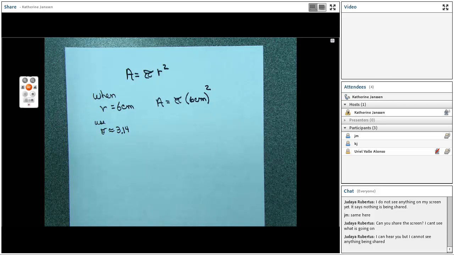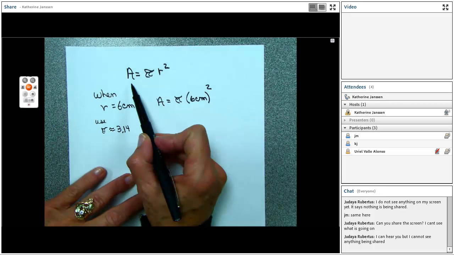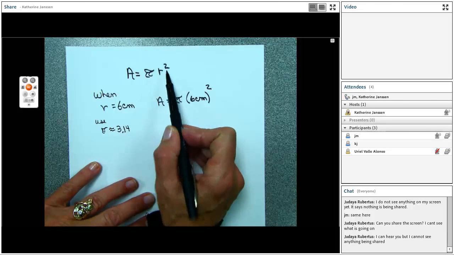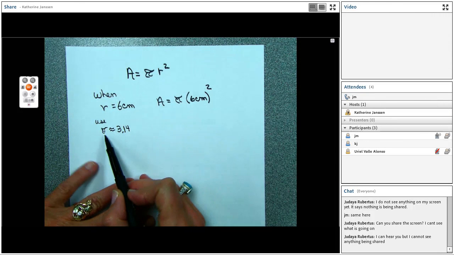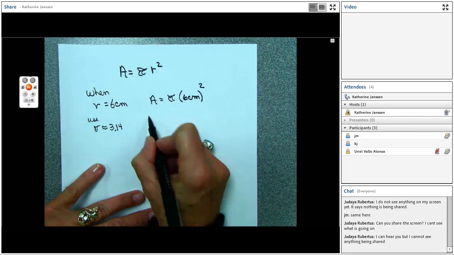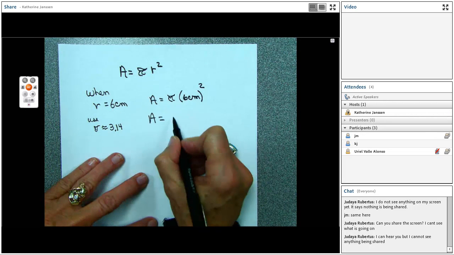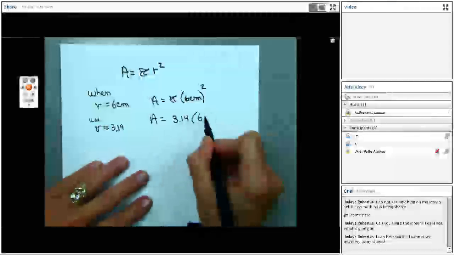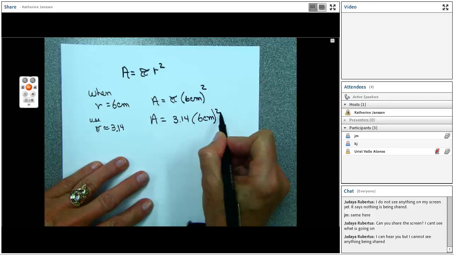So, reviewing, we are working on the problem of the area for a circular region. A equals pi r squared when r equals 6 centimeters and pi is approximately 3.14. Careful substitution. Pi, we were told to use 3.14, and centimeters, the quantity squared.